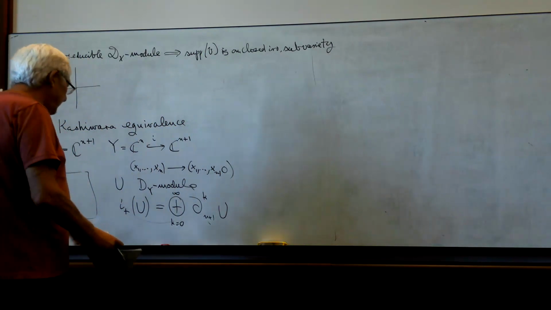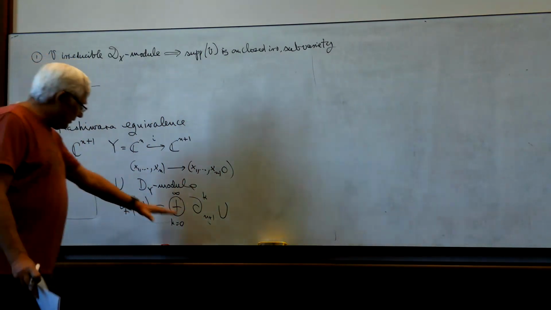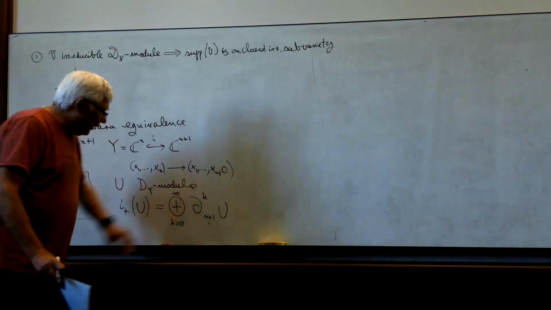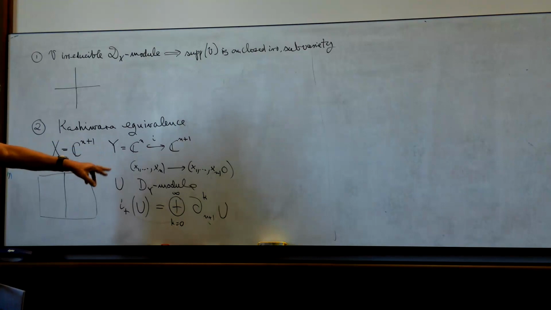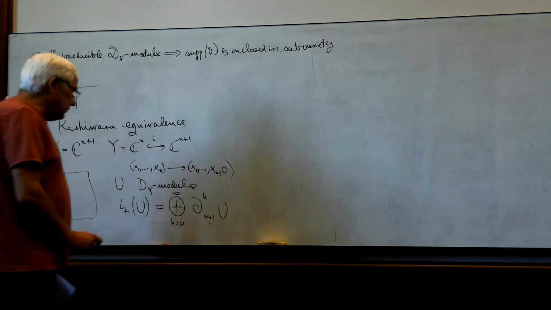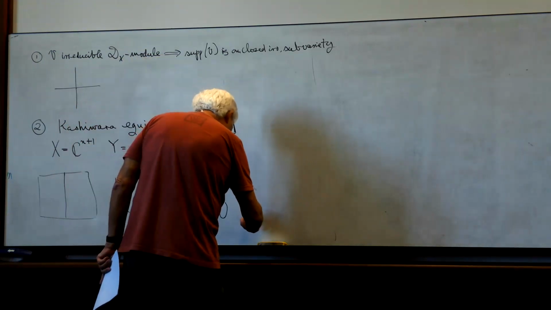So this object is definitely a D_Y module, but it also has the obvious action of the partial derivative with respect to the (n+1)-st coordinate.